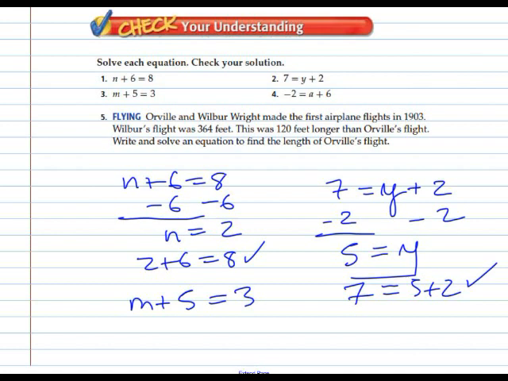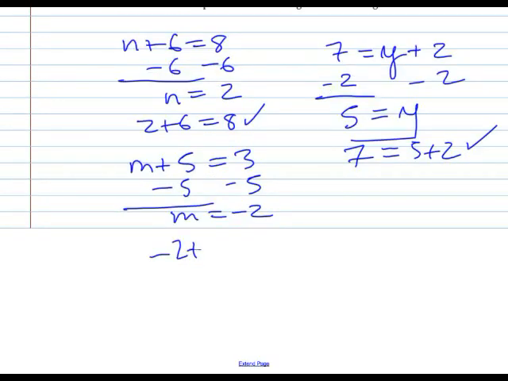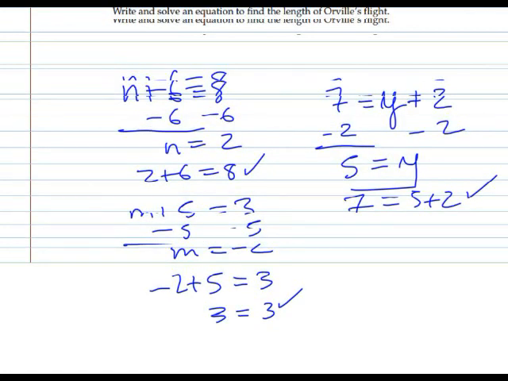Number 3, m plus 5 equals 3. Subtract 5 from both sides. M equals negative 2. Is negative 2 plus 5 equal to 3? Again, the answer is yes. This is my solution.